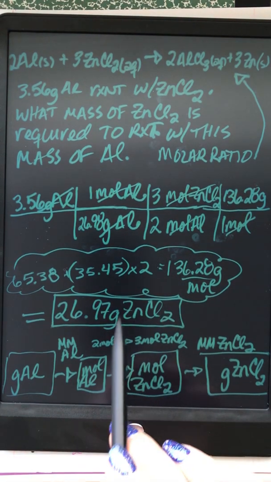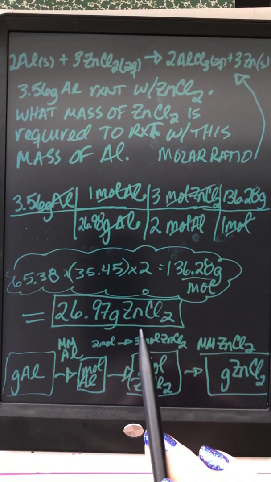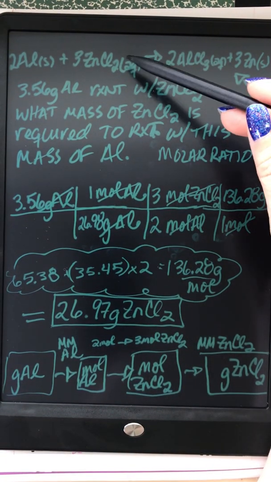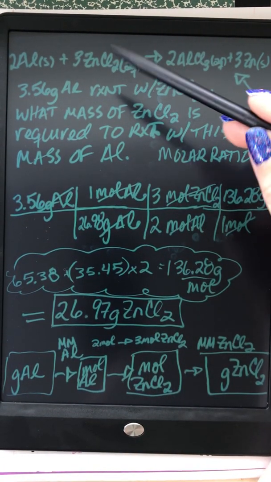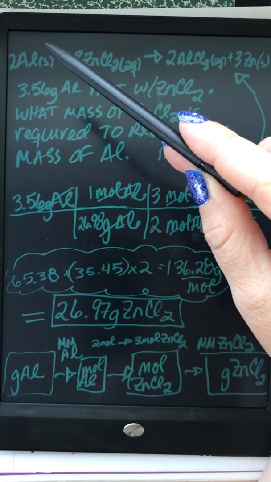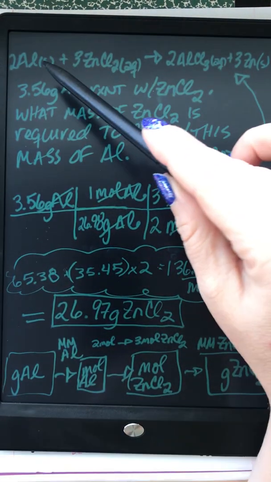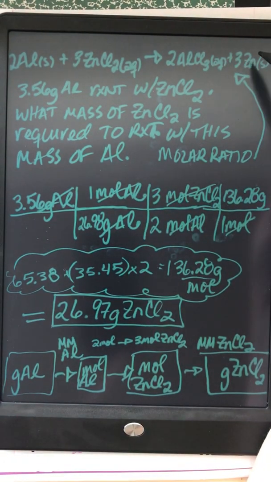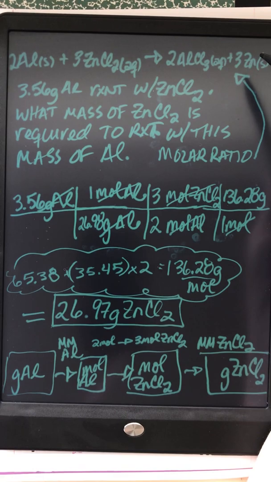We have a bunch of different types of questions that we could ask. Here we were asking how much of a reactant we'd need to react with some mass of the other reactant.